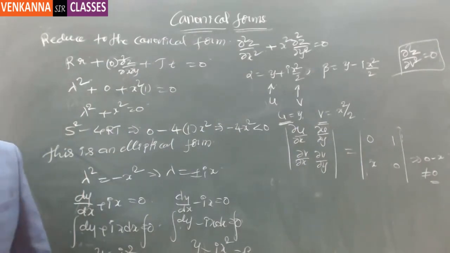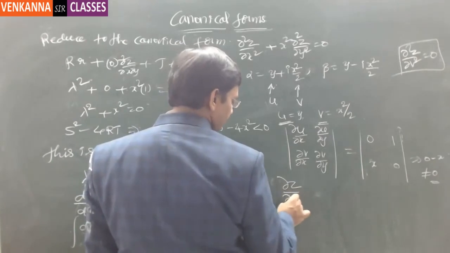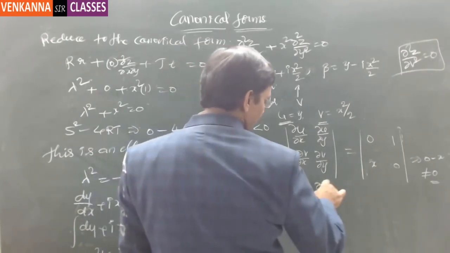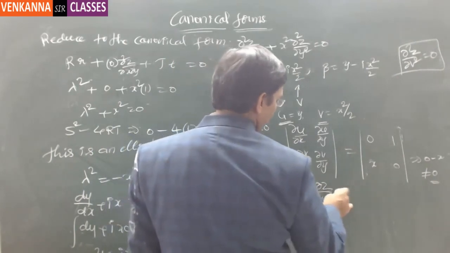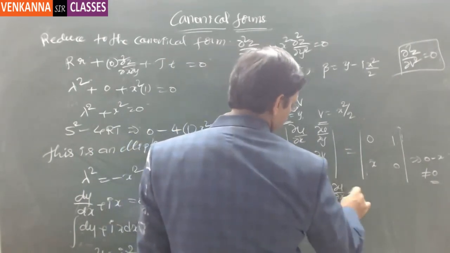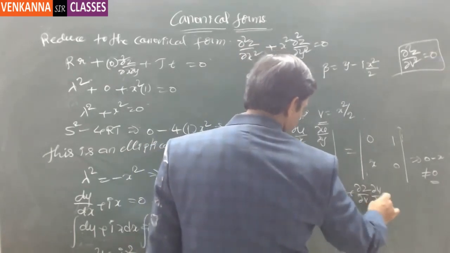Got it? So then the procedure is similar. Again you can find out dou z by dou x, which is equal to dou z by dou u into dou u by dou x plus dou z by dou v into dou v by dou x.